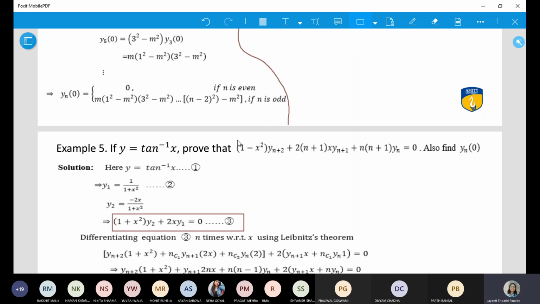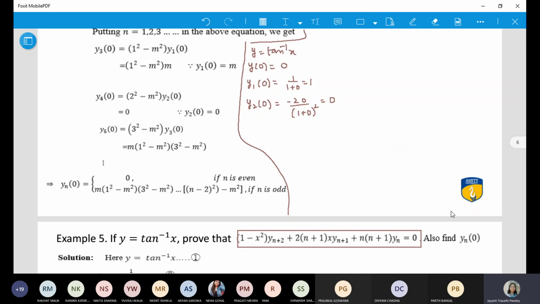This is the equation that we have to prove. I'm assuming you are able to prove it. Okay, let's try and find the nth value. The process is the same: we will put n as odd and n as even one by one alternatively.